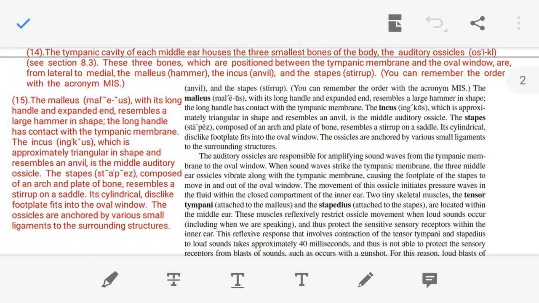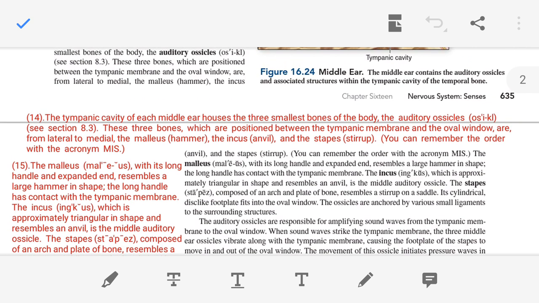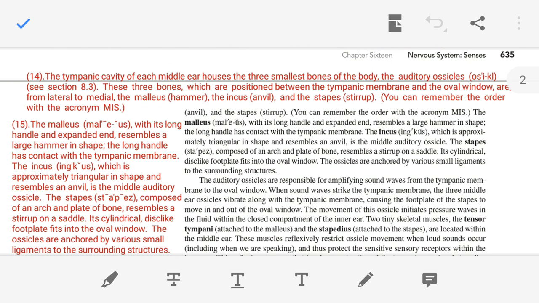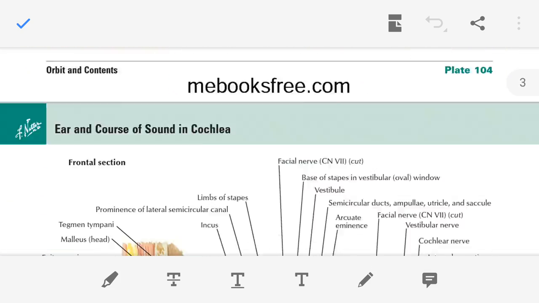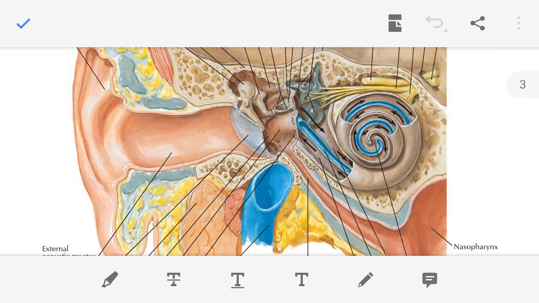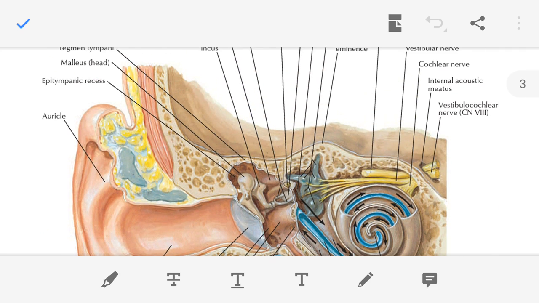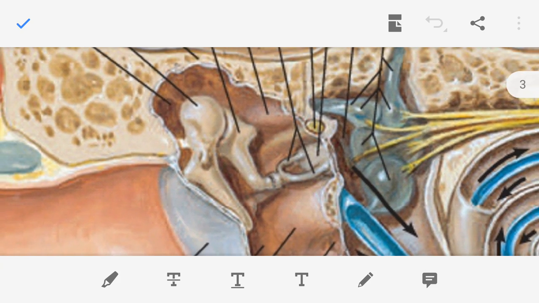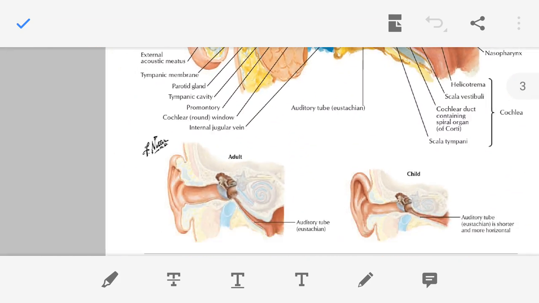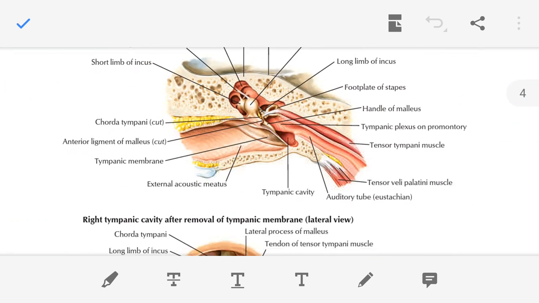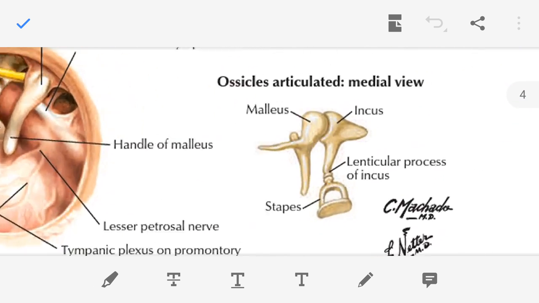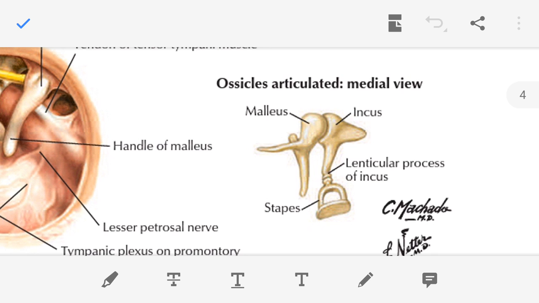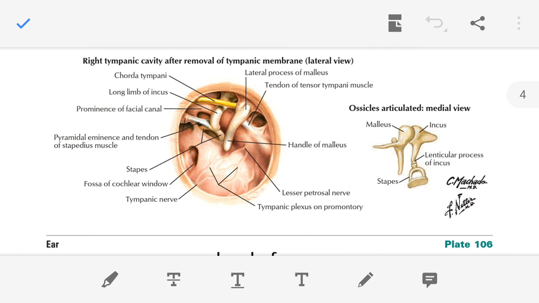Now, one more figure I would like to show you for this. In this figure also, these are the three ossicles: malleus, incus, stapes.